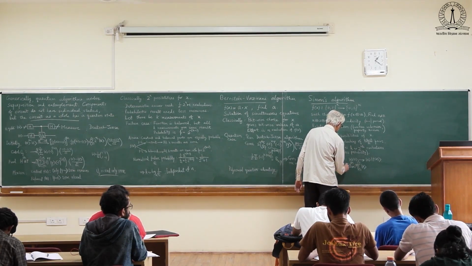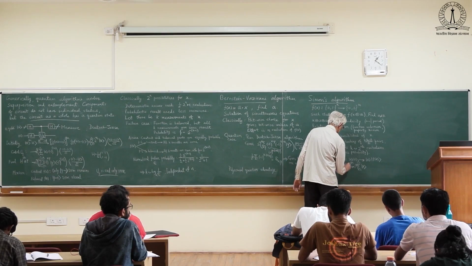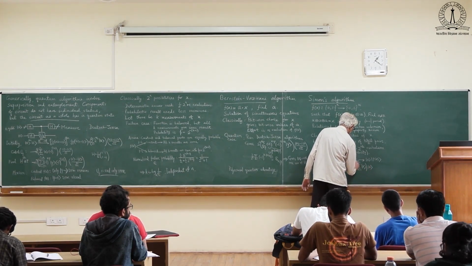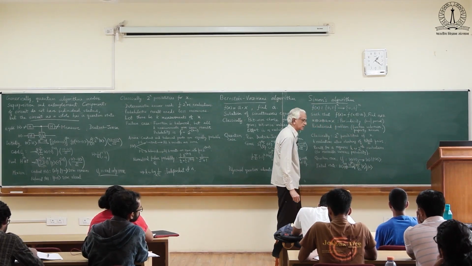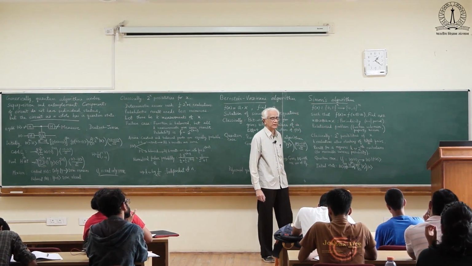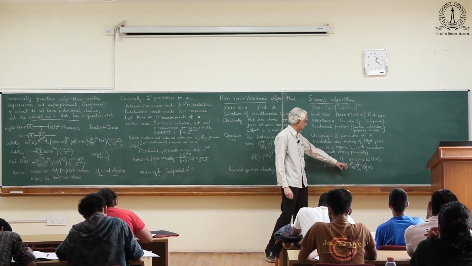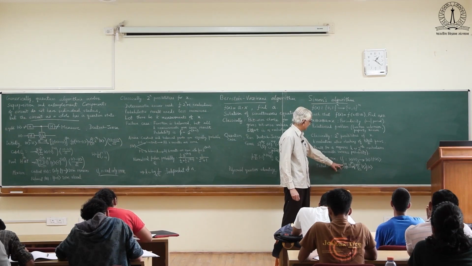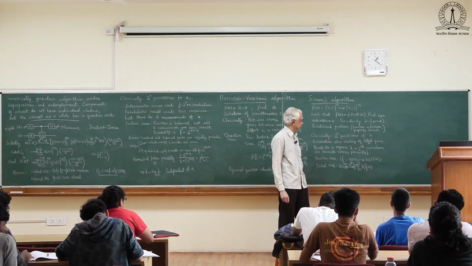So the first step is just to construct this huge superposition over 2 raised to n possibilities, which is what the Hadamard transformation acting on 0 allows me to do.